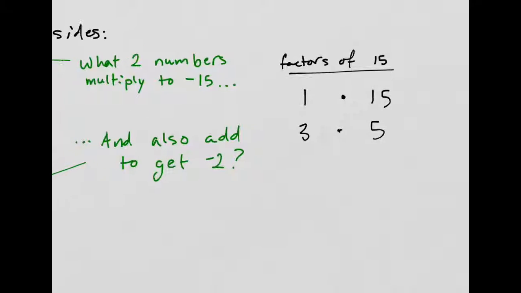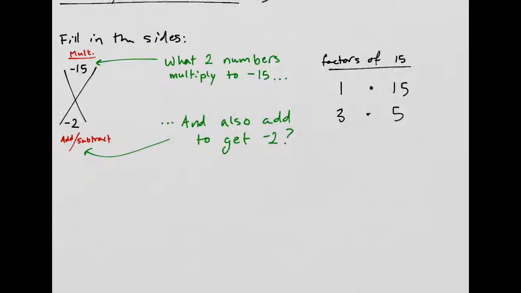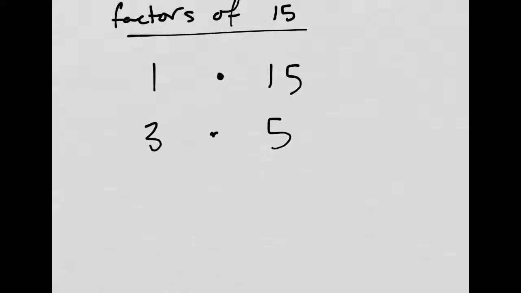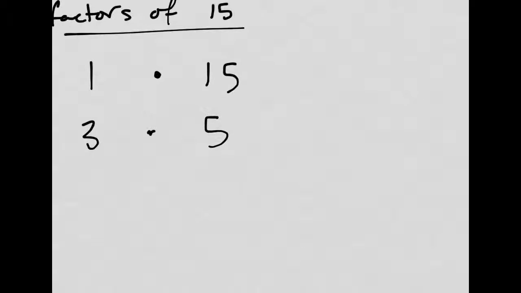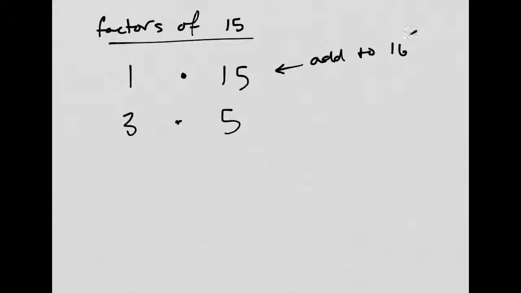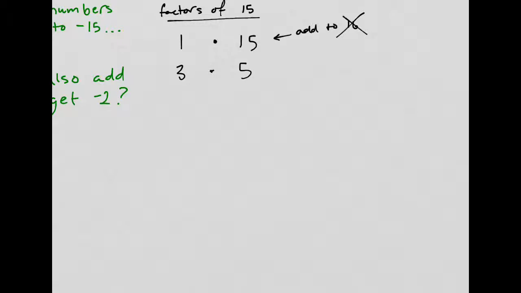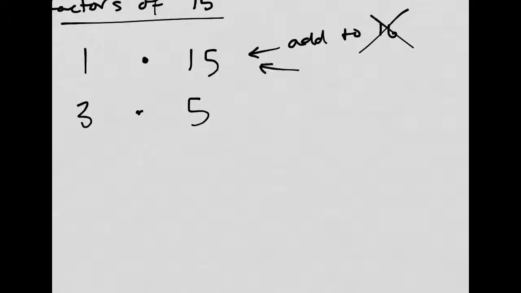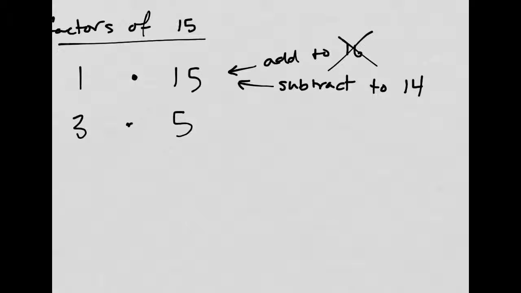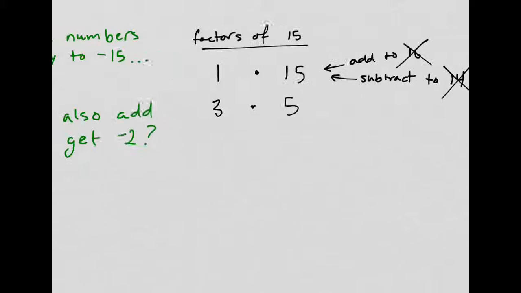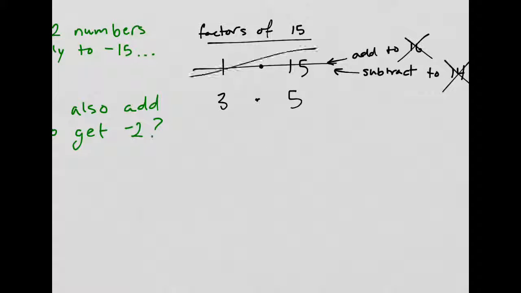So 1 times 15 gives me 15, but I need to add to get negative 2. If I add these, I get 16, and that's not what I want. I actually just want 2. If they subtract, they give you 14, also not what I want. So this doesn't work.